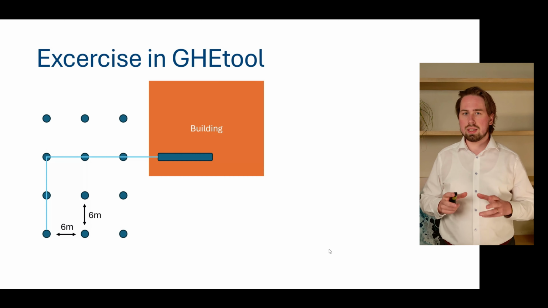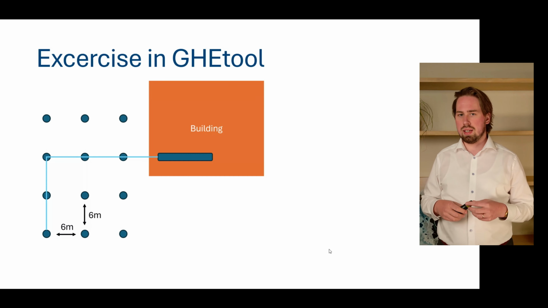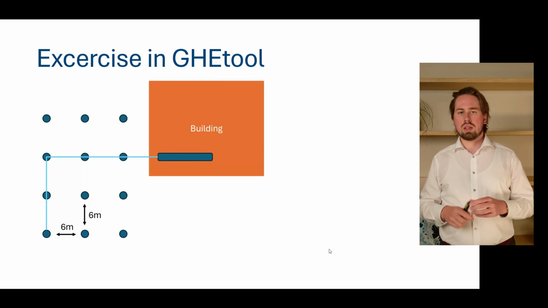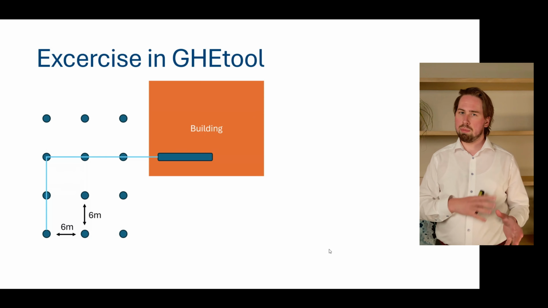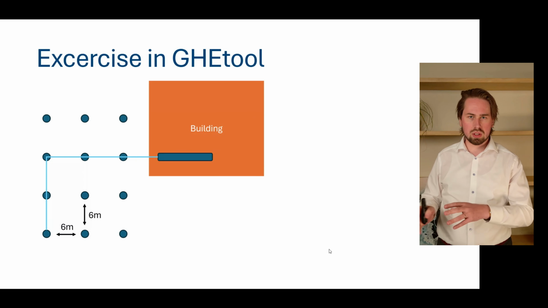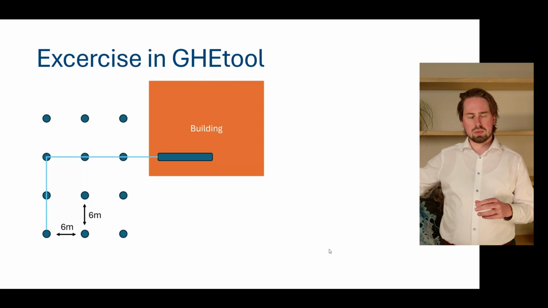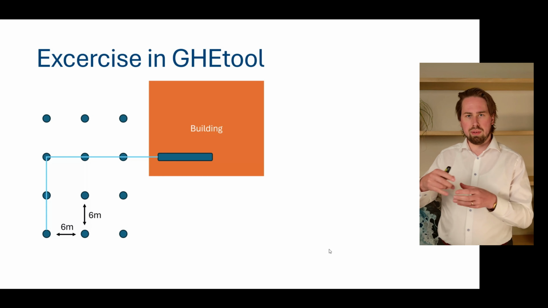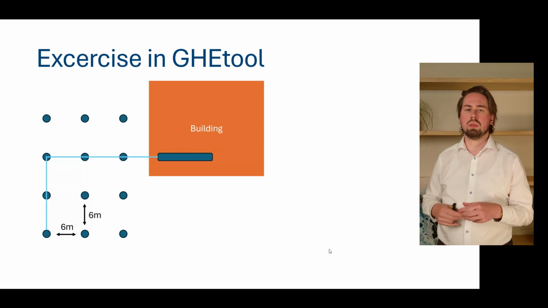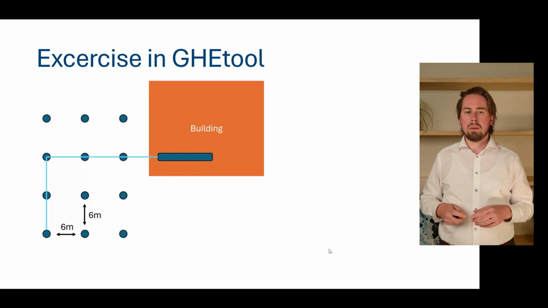Now, let us take a look at an exercise in GHEtool. I have here a building with 12 boreholes to the sides. We have a manifold in the building itself, so there is no horizontal connection from the manifold to the technical room.